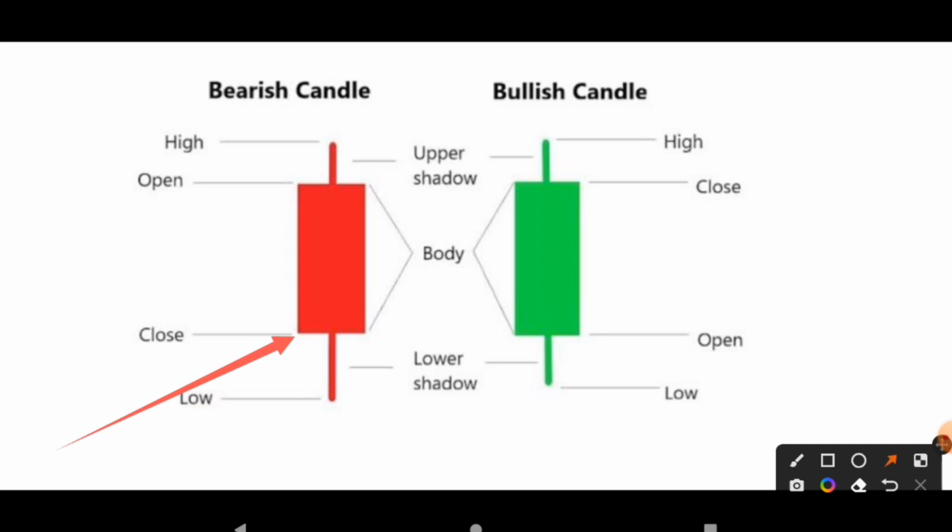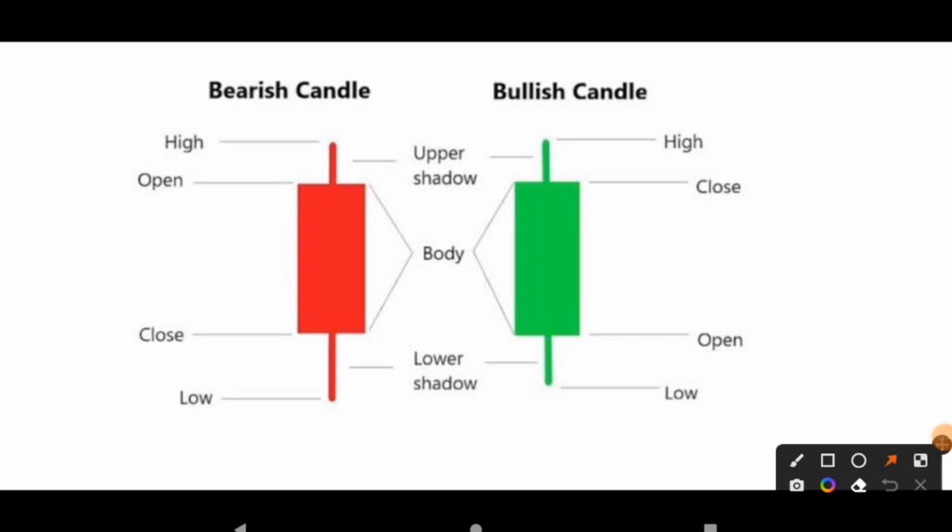And now the low, at this point here, is showing you the very lowest point that price went down to. Having understood all of these things, you now have a basic understanding.